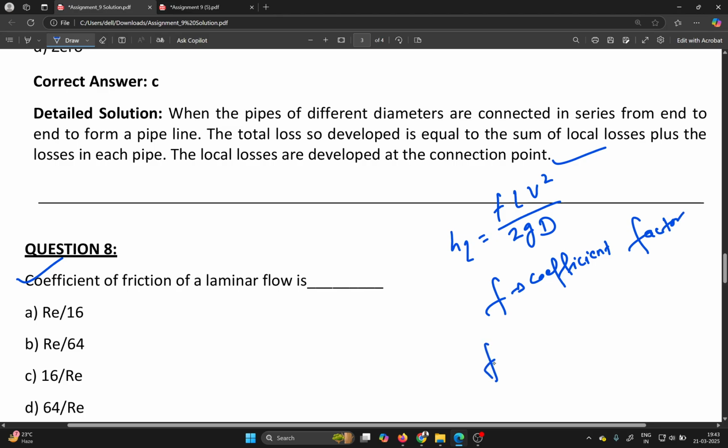But the formula for the coefficient of friction in laminar flow is 16 by Re.